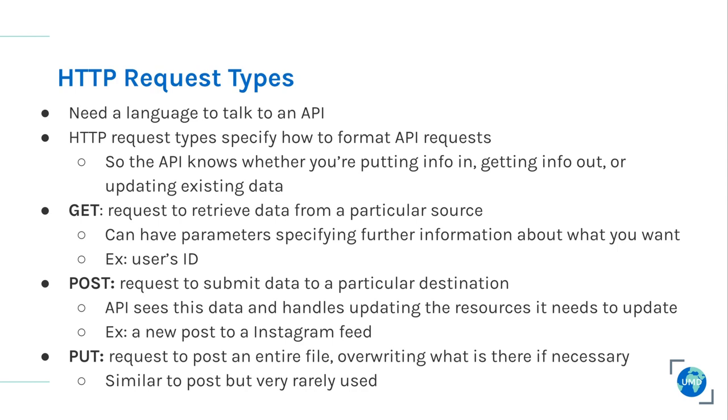The get request is used to retrieve information from a particular source, which is something that you will be using more often than not. Let's say you want to get information about a user's ID, then you would use the get request. Versus a post request is used to submit data to a particular destination.